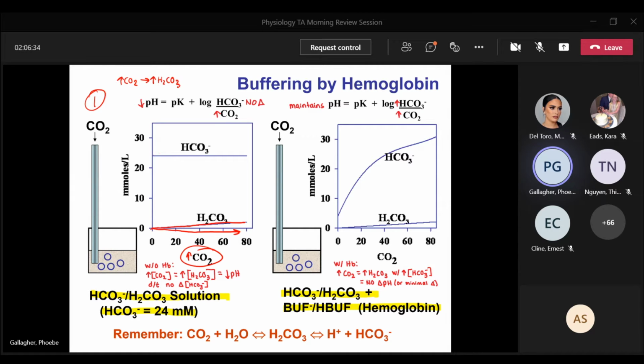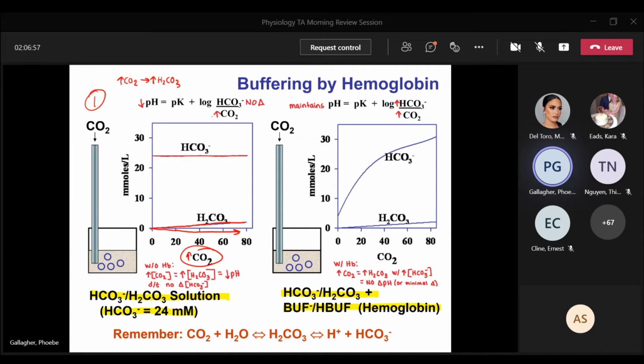However, you won't see much of an increase in your bicarbonate. In fact, it's going to stay at the same amount. So you won't see a change in your bicarbonate because some of it's going to be buffering those extra protons, and some of it is just released from carbonic acid. So you won't see a change.